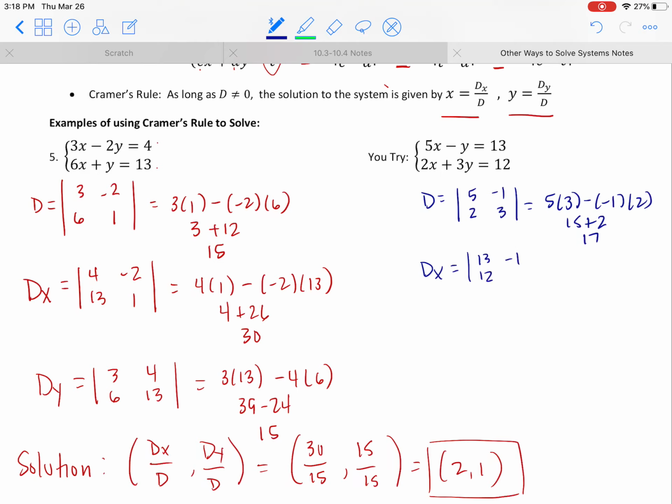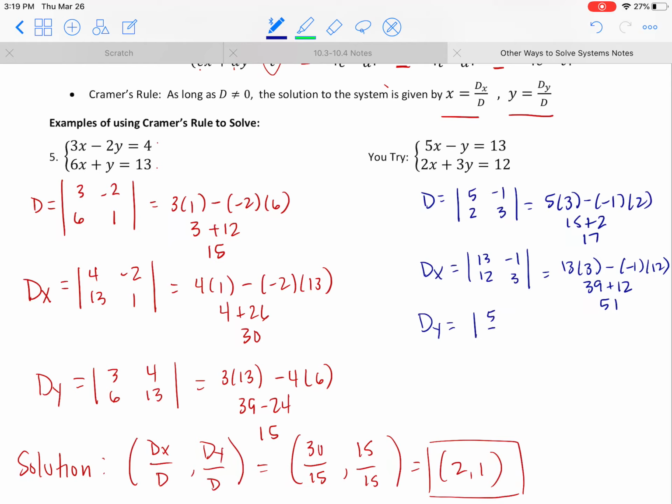So the 13 and 12 go in, and we leave the coefficients of y, 1 and 3. So 13 times 3 minus negative 1 times 12. So that's going to be 39 plus 12, which is 51.